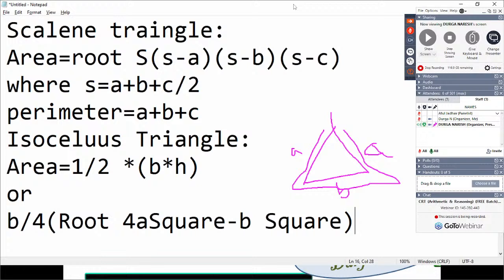Please understand, this is a notepad, not possible to represent root or square. Root of 4a square minus b square. That root is applicable for 4a square minus b square. Understood, all of you?